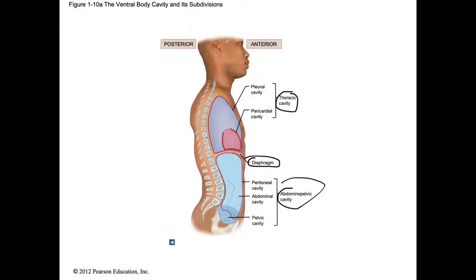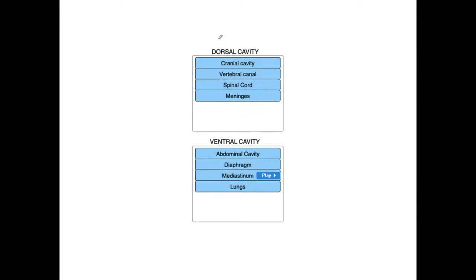So we're talking about now, again, posterior, which is the same as dorsal. And then you have anterior, which is ventral. So we have a dorsal cavity, and then you have a ventral cavity. So in the dorsal cavity, you have the cranial cavity, vertebral cavity, spinal cord back there, and the protective meninges that cover the spinal cord.